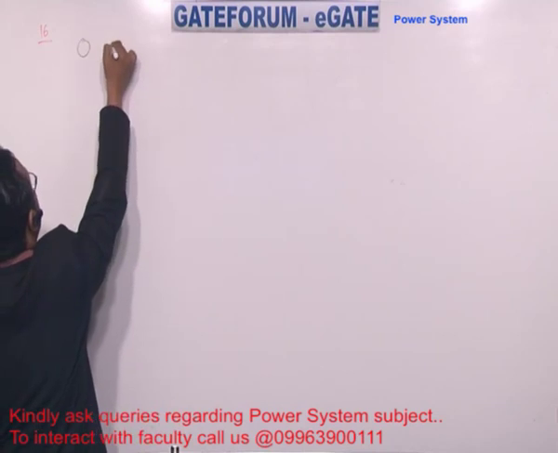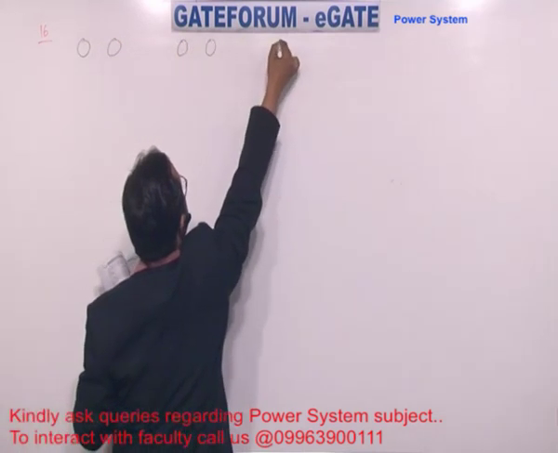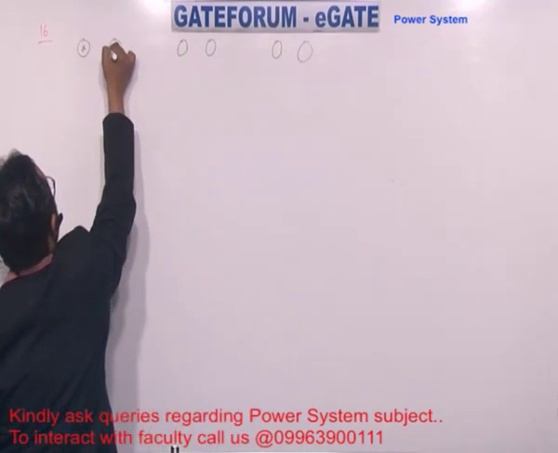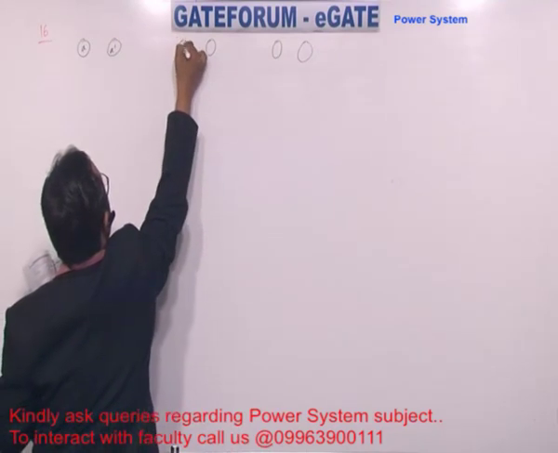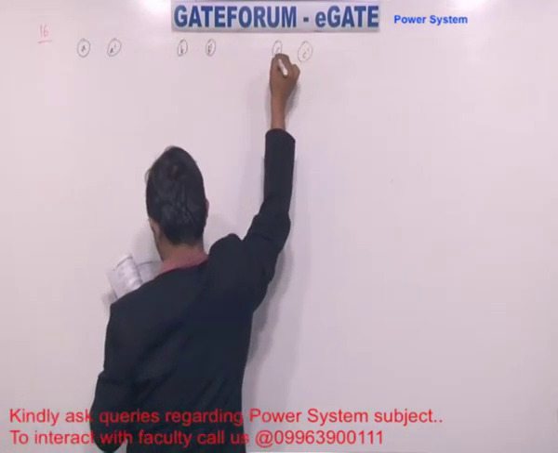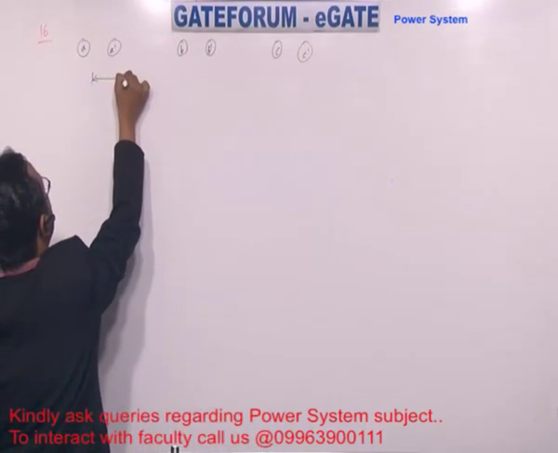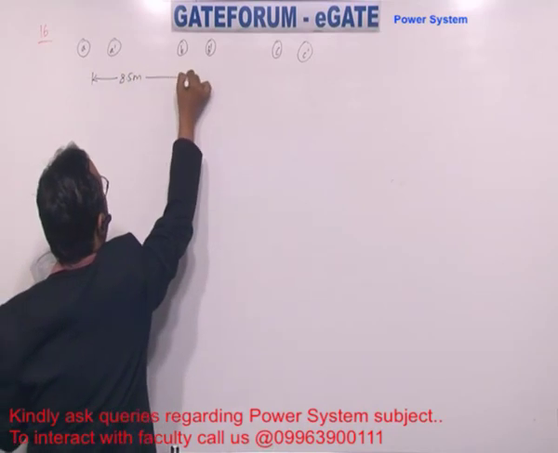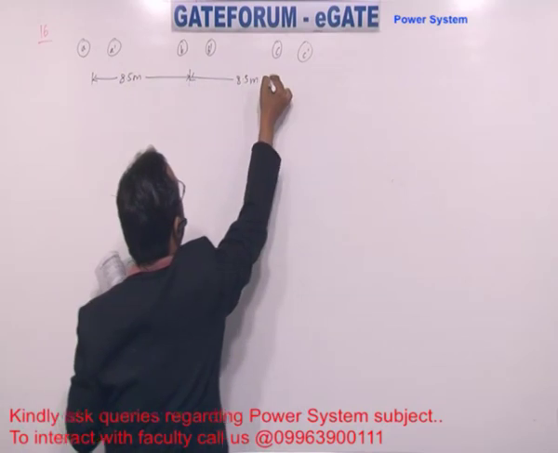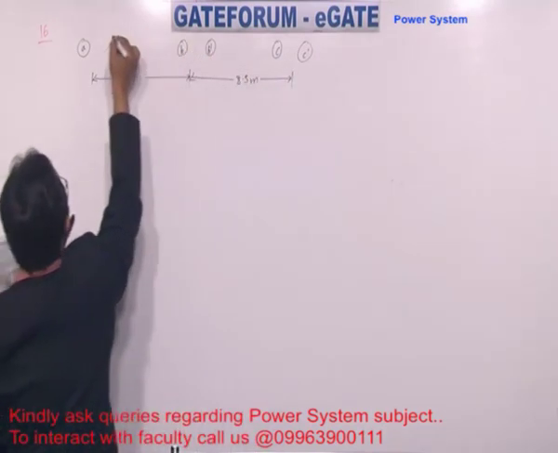So you consider this figure. A dash, B dash, C dash. Here 8.5 meters. Here 8.5 meters.